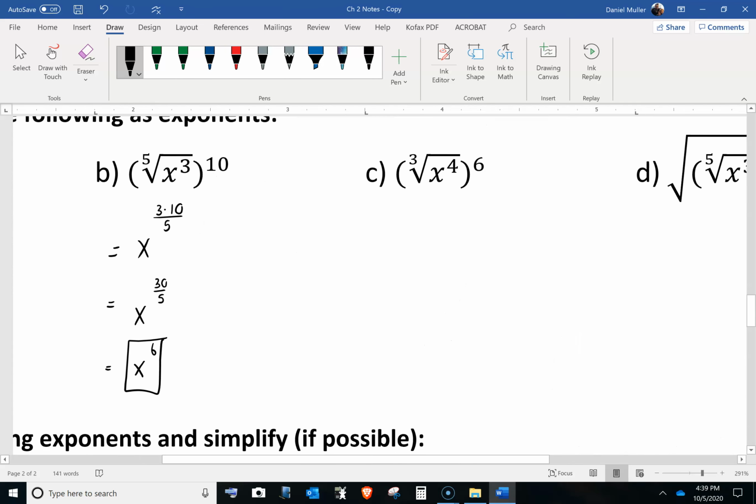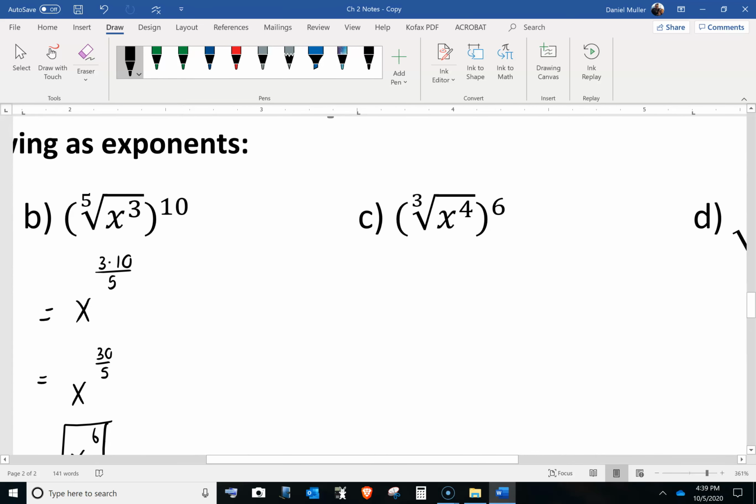So let's keep going here. So here we've got x, and our denominator is going to be a 3. And our numerators are 6 times 4. Because remember, our numerators, we can write them on the inside of the root, or we can write them on the outside. And I always said I like to write them on the outside.